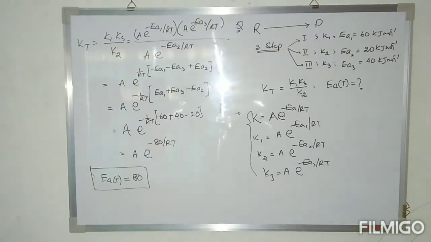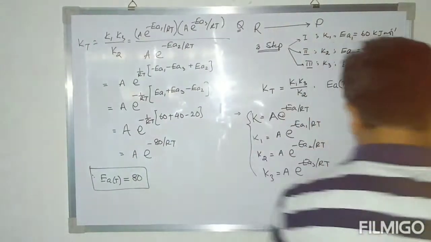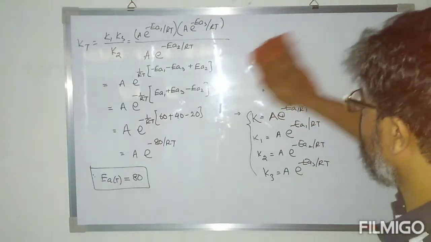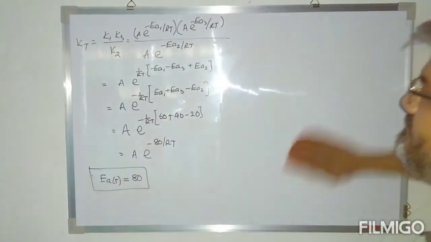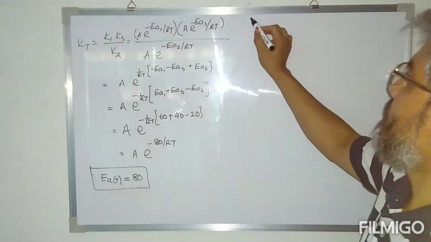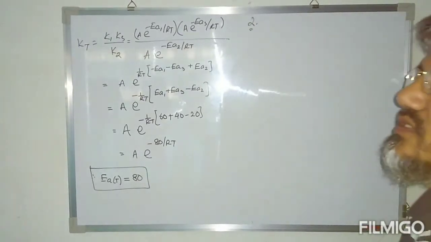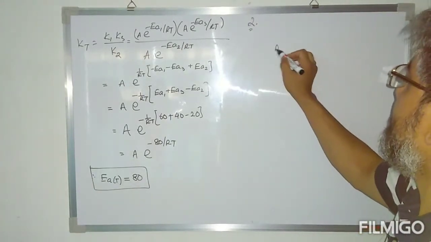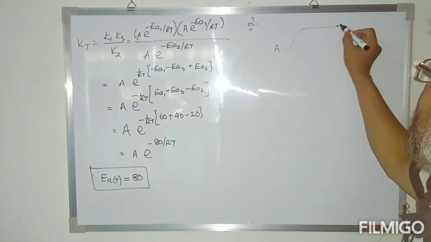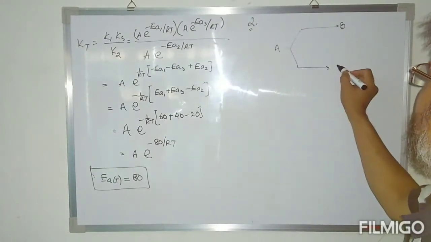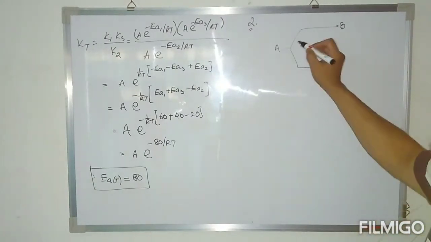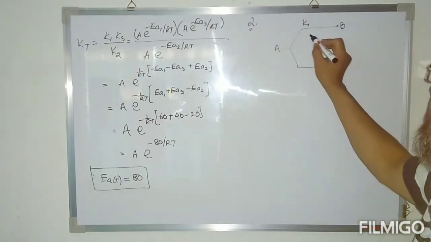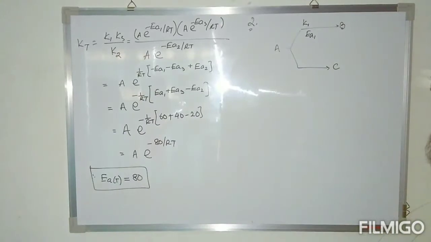Let's go for some other problems also. Question number 2. Suppose we have a parallel reaction. Suppose we have a reaction A giving product B and product C. Conversion of A into B has rate constant K1 and activation energy E1.